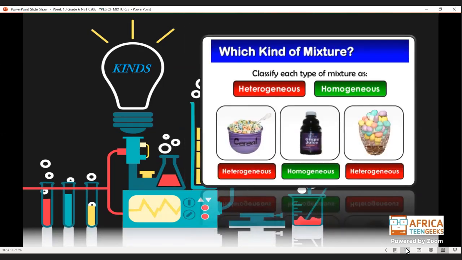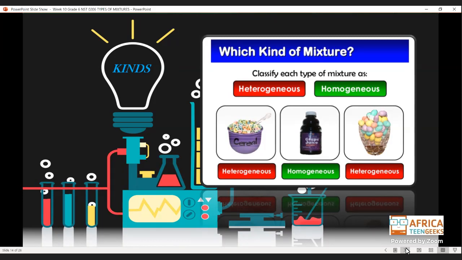Right, now look at the mixtures that I have here. How do we classify them? Heterogeneous and homogeneous. So you'll see the cereal is heterogeneous. You can see that there are different particles and different mixtures in there. With the grape juice, you can't see the different mix.